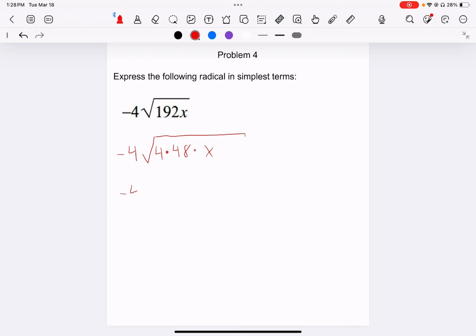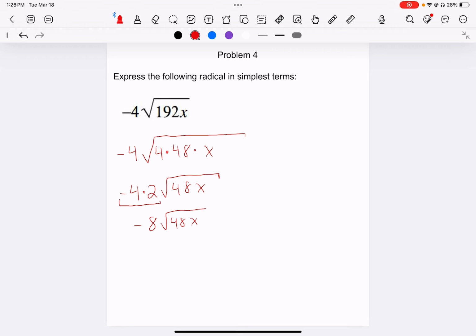Now I have this negative 4, radical 4 is 2, so I'm going to multiply it by 2, and then I have radical 48 and x inside my radical still. I can multiply these numbers outside, so I have negative 8 radical 48x.